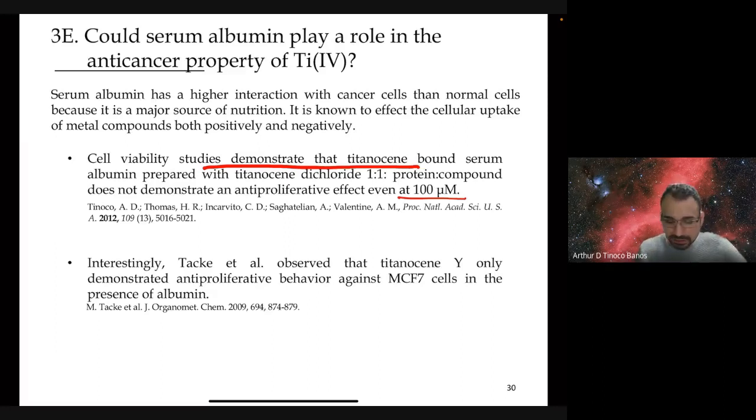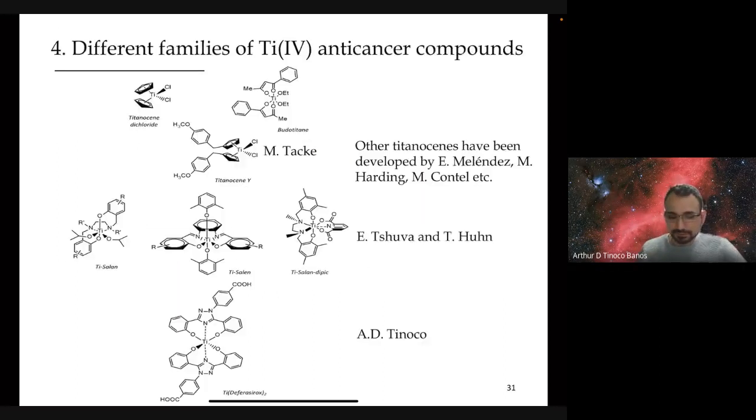However, interestingly, Matthias Tacke has been working on a series of titanocene derivatives, one of the major ones being titanocene Y. He observed that this particular compound demonstrated an anti-proliferative behavior against MCF7 cells in the presence, and only in the presence, of albumin. So something about that interaction enables the compound to have an anti-proliferative effect.